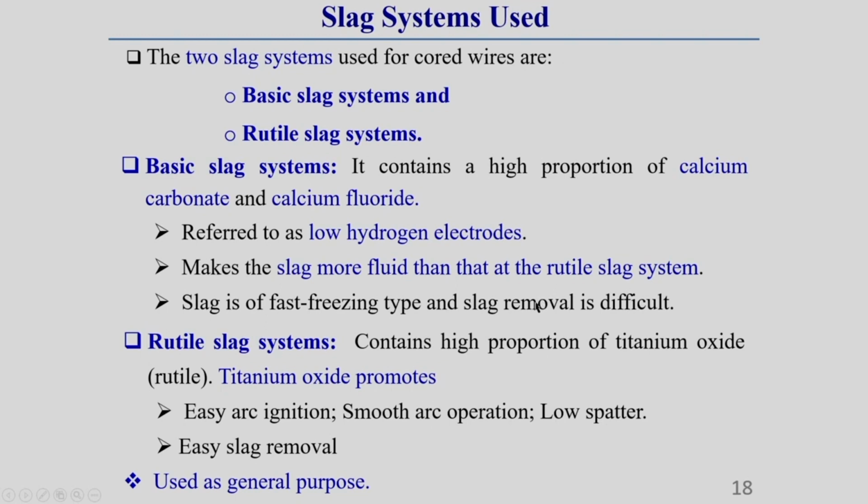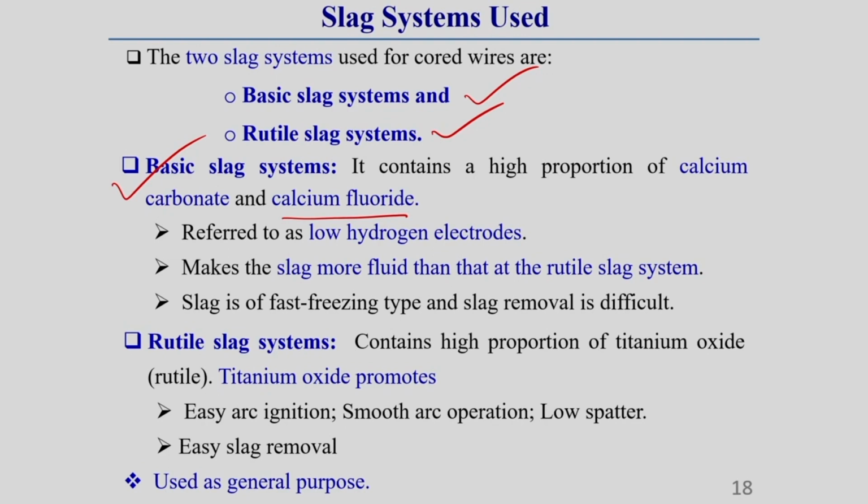Now this slag system which is used in this welding process can have two basic categories. One is called basic slag system, another one is called rutile slag system. What is basic slag system? Basic slag system consists of a high proportion of calcium carbonate and calcium fluoride, so just keep this in mind.